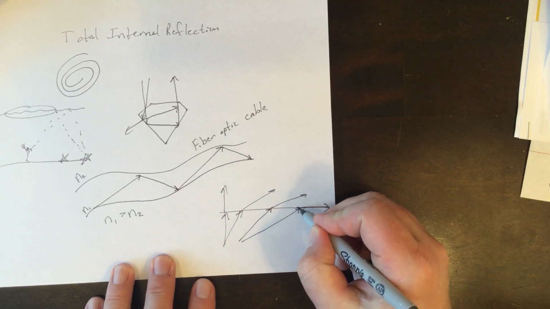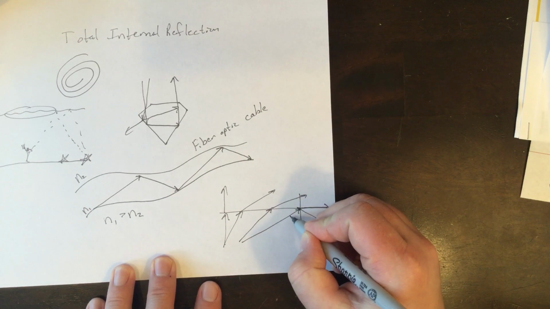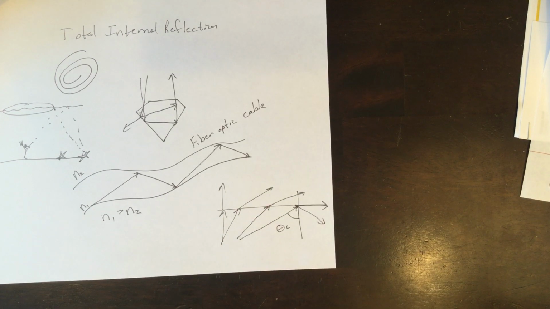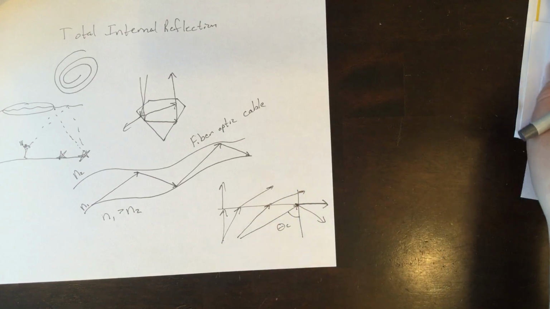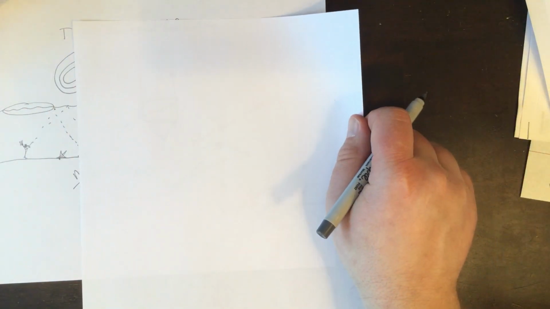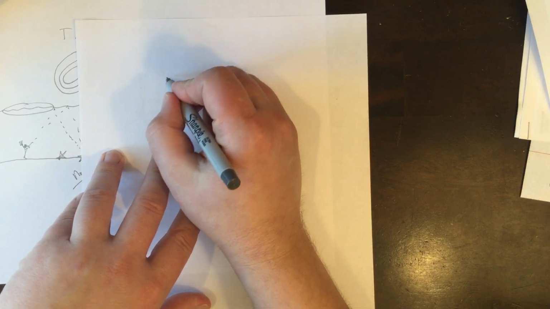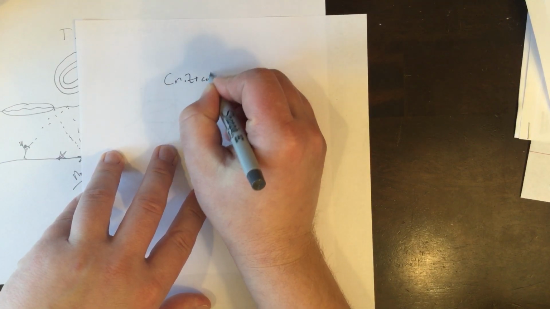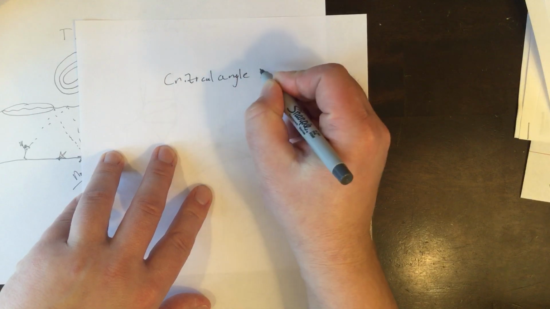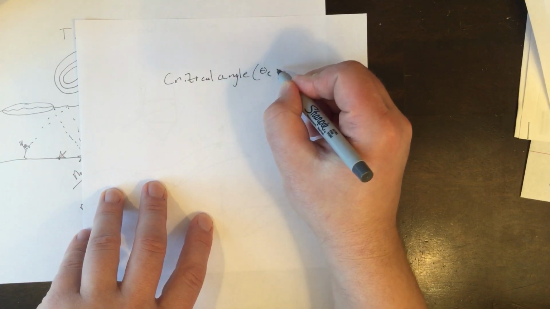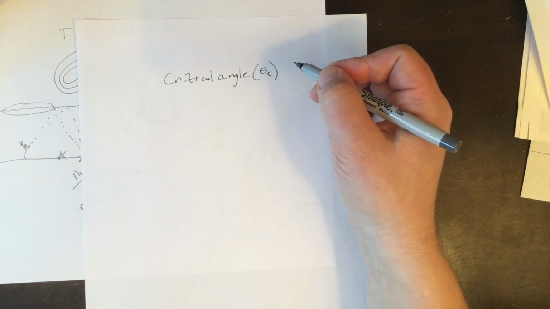Okay, so here is that. This would be called theta C, or the critical angle. So how would we get that critical angle? Which we'll call theta C, theta R, whatever you want it to be.